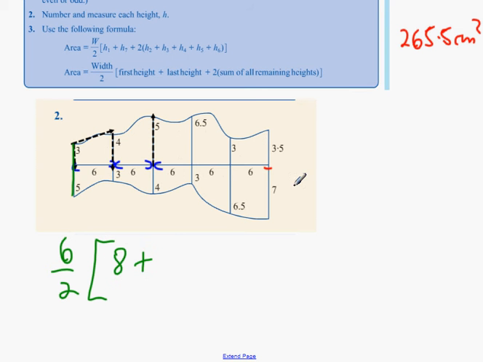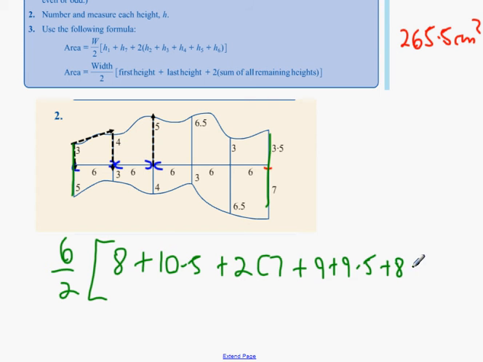The last height turns into 10.5, and then plus 2 times the remainder, which is going to be 2 times 7 plus 9 plus 9.5 plus 8.5. And what do we get when we put all that in? Oh, it's 9.5, sorry. So this one here is 9.5, and what do we get? 265.5. Still 265.5. So you can see it works both ways.